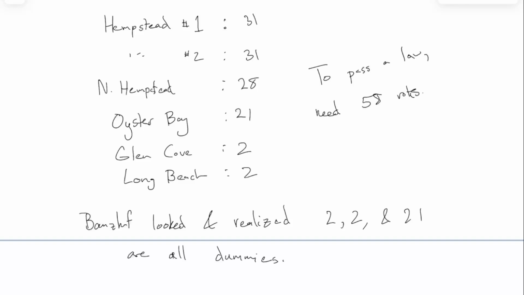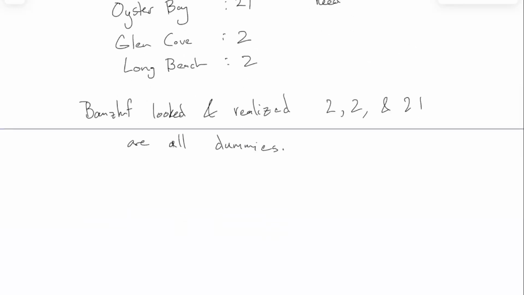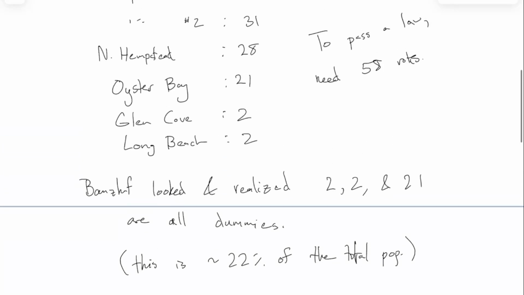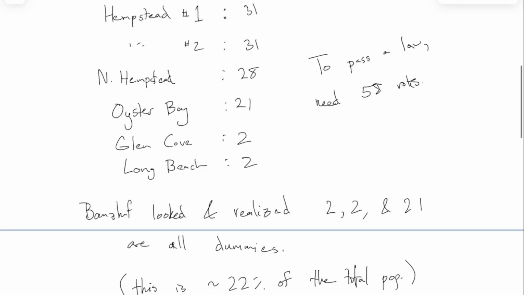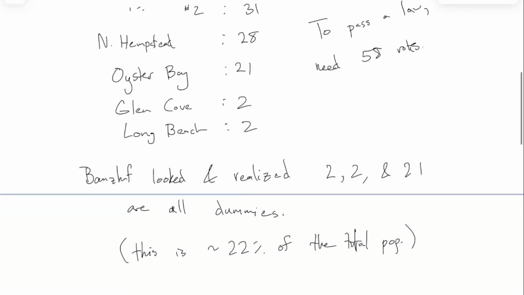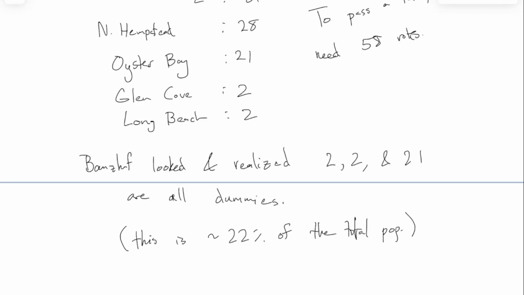All right, these are all dummies, and if you do the numbers here, I added these numbers up. This is actually around 22% of the total population. Right? Most of the people live in like Hempstead and variations of Hempstead, but everybody else, their votes count for nothing. 22% of the total population, their votes count for nothing at all.